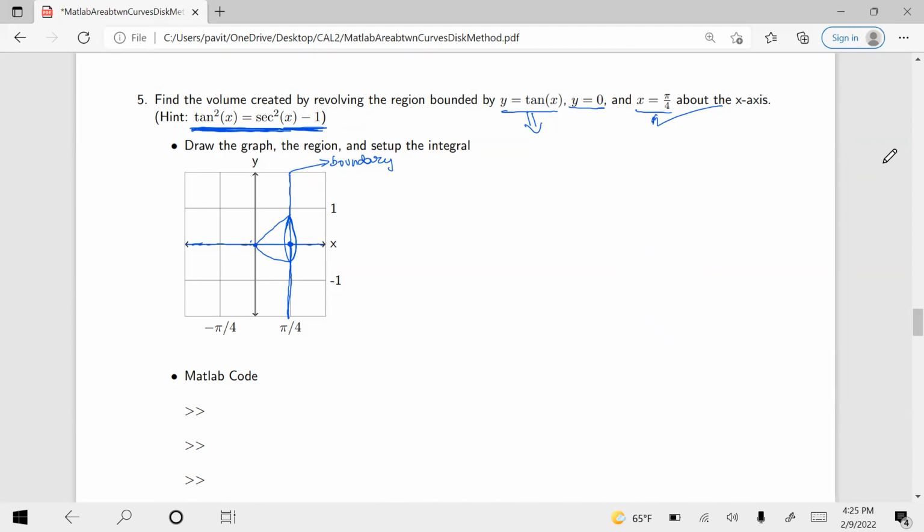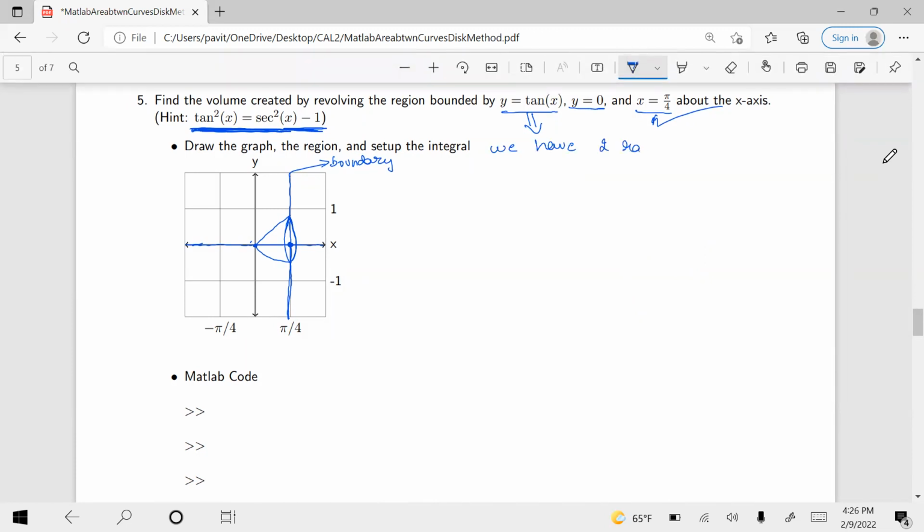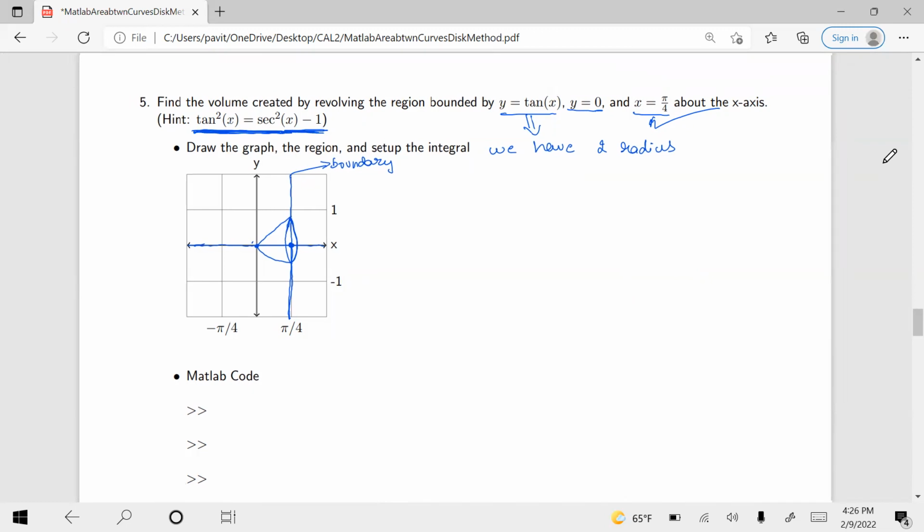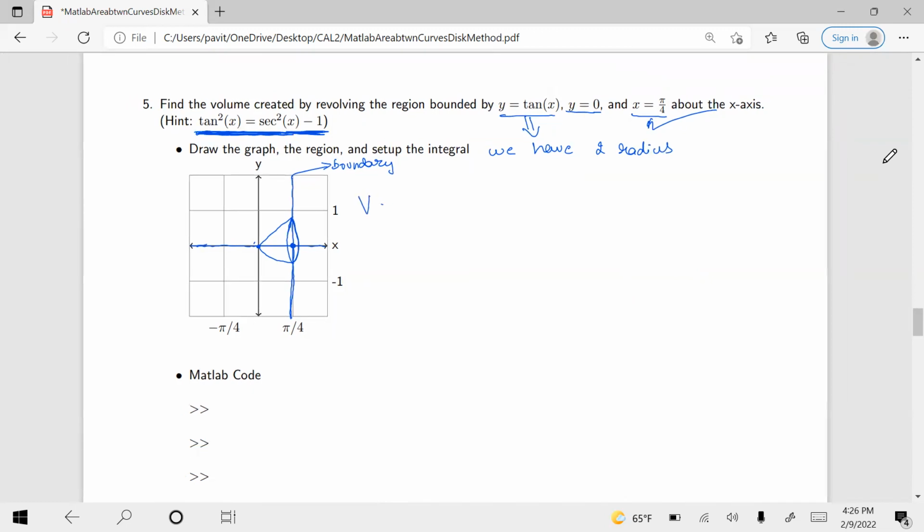Keeping that in mind, remember we have two radii. Now, what will be the volume of the cone? Using the formula for the volume of a cone, we are going to build up a formula for the integration.